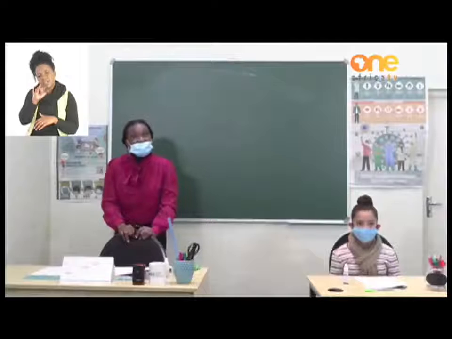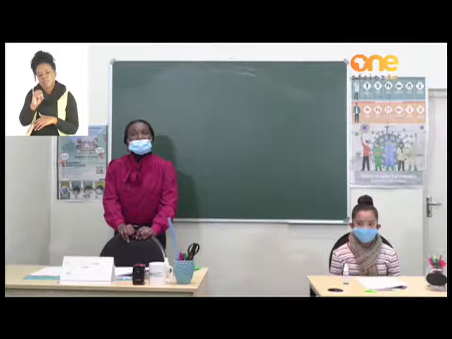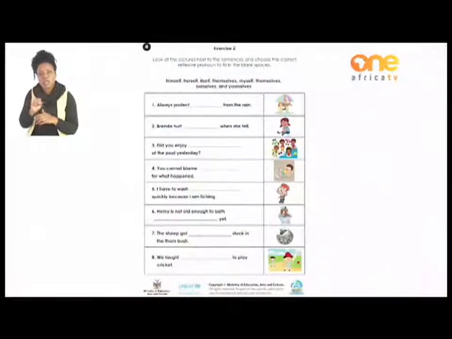On page 6, there is exercise 2. The instruction says, look at the pictures next to the sentences and choose the correct reflexive pronoun to fill in the blank spaces.